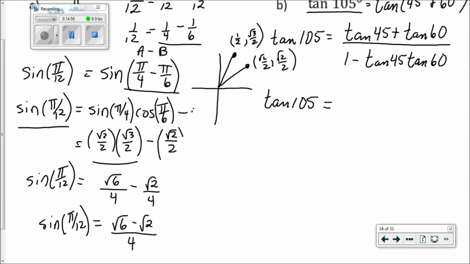So first off, I've got the tan of 45, which means I divide my sine by the cosine. And these are the same thing. So that's going to turn out to be 1. In other words, root 2 over 2 divided by root 2 over 2 is 1. Plus, and then down here, I'm just going to fill out that 1 because this is the same number down there. And now I have to figure out the tan of 60.